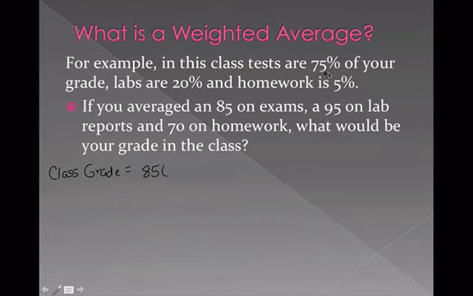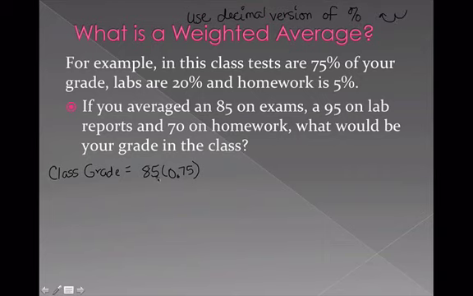If I look back up here, exams are 75% of my grade. So I'm going to use the decimal version of the percentage. You move 2 places to the left.